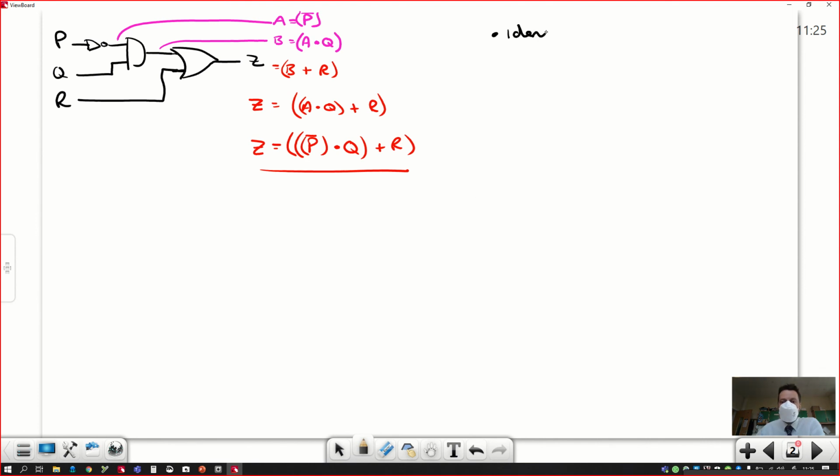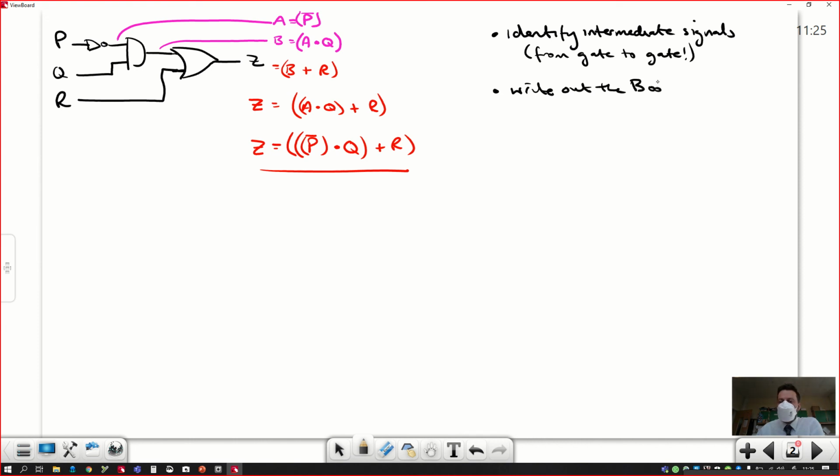You can identify them by the fact that they go from gate to gate. Write out the Boolean for the intermediates.